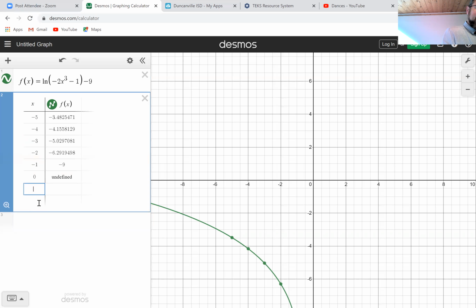So it's going to be negative 5, negative 3.5, negative 4, negative 4.2, negative 3, negative 5.0, negative 2, negative 6.3, negative 1, negative 9, and then 0 itself is undefined. We just got to keep our eyes on that threshold. All right, so that's what we need from the graphing calculator.